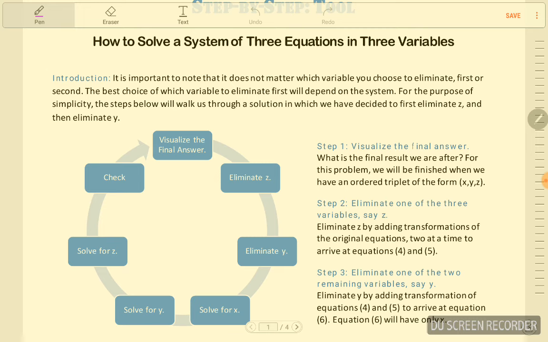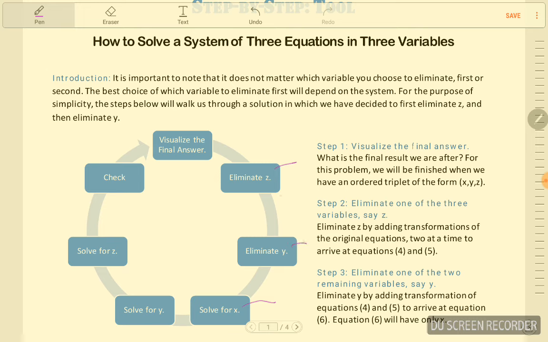So what you want to do is keep really nice, neat, organized work, and that's what this handout is meant to help you do. So the main steps, we're starting out by visualizing what the answer should look like in the end, and then going through the process of eliminating one variable, then eliminating another variable, then solving for the remaining variable.